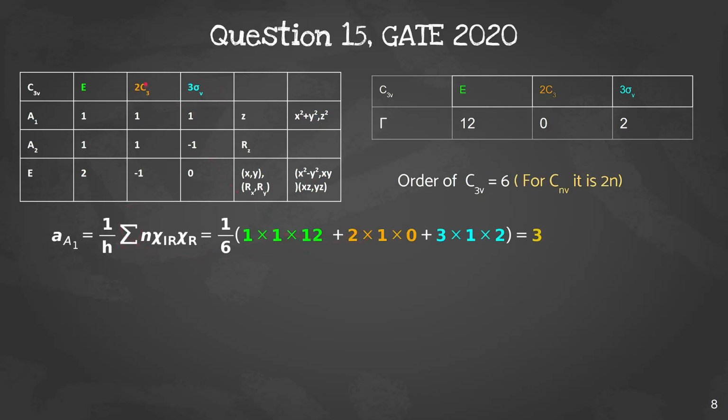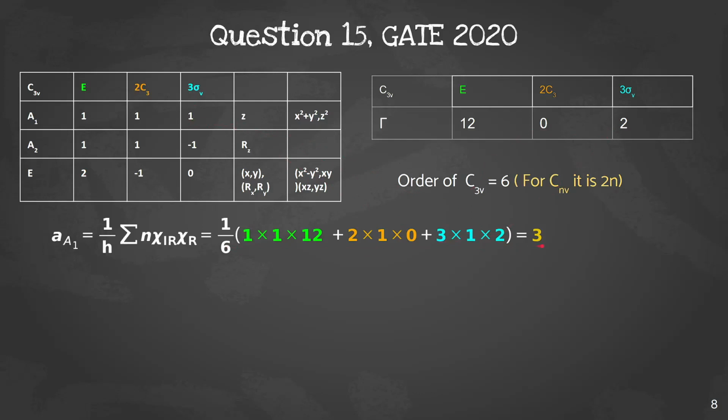As there is a summation sign, we follow the same thing for the other symmetry classes also. For the second symmetry class, C3, there are 2 symmetry elements, C3 and C3⁻¹, so 2 is there, then χi, that is 1, followed by χR, that is 0. Similarly, for the last one, the symmetry elements in this class are 3, so 3 followed by χi, the character of the irreducible representation, 1, followed by the character of the reducible representation, 2.